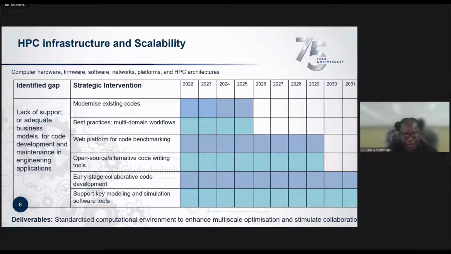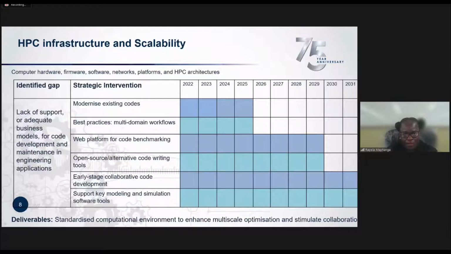However, the reason that this was mentioned was that as we intend to have a collaborative community of practice on modeling and simulations, we may find that there are some groups that have codes that are not able to run on HPC architectures.